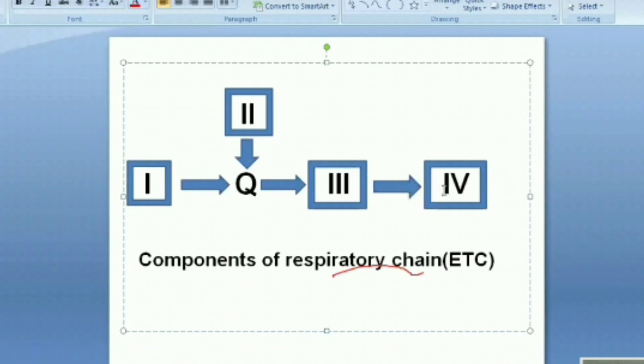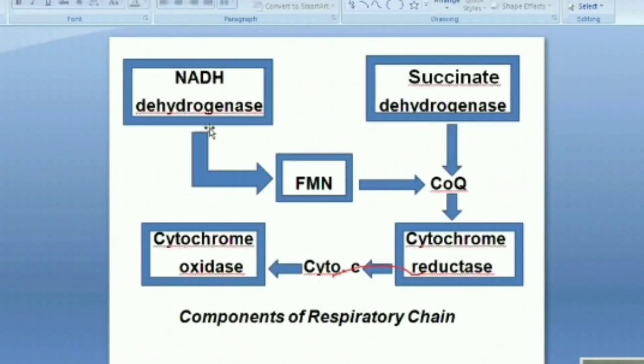This is a very oversimplified diagram to show components of the respiratory chain. In a more precise way, we should view it like this. Complex 1 includes NADH dehydrogenase and FMN. NADH dehydrogenase is the enzyme, FMN is the coenzyme.